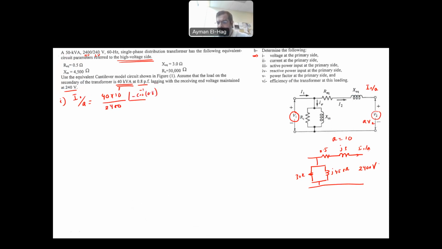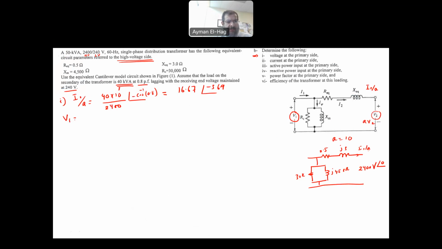Now this voltage will have an angle of 0. This will be our reference. So the current will be 16.67 at an angle of minus 36.9. Now what will be your V1?